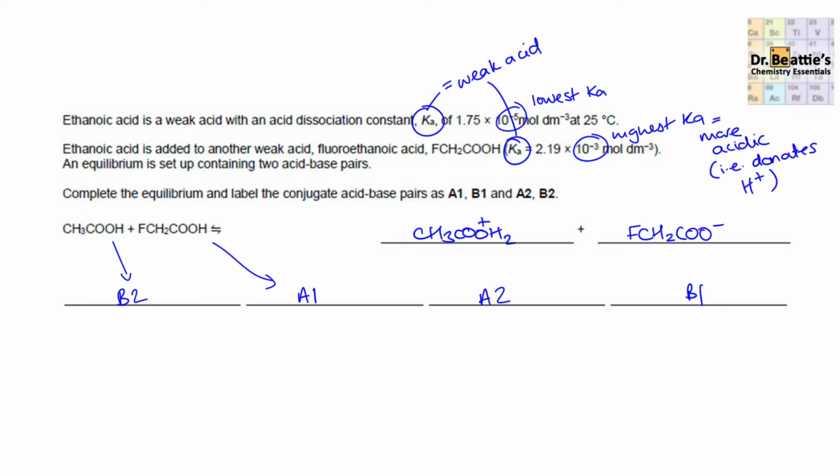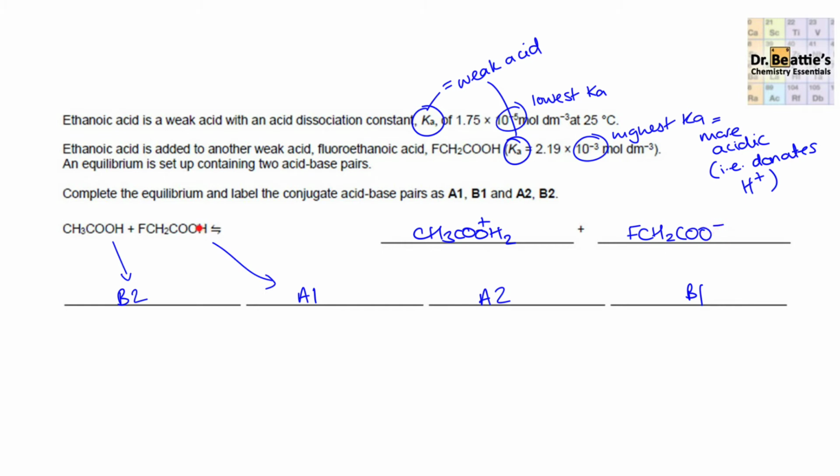And we know that in practice, if something's acidic, it donates a hydrogen plus ion. So with that in mind, the fluoroethanoic acid, this molecule here, is our first acid. This, in the presence of the ethanoic acid, is going to lose this hydrogen. And it does so, and if you track that change, it's lost that hydrogen there.